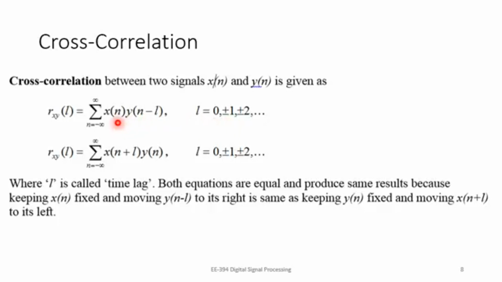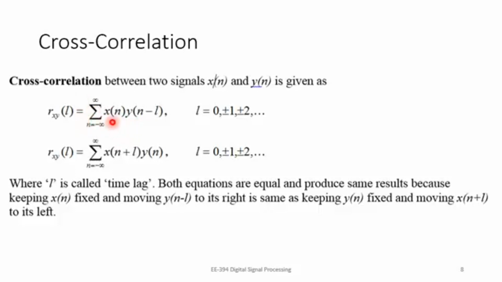So what we do, very much like in convolution, is keep the signal x[n] fixed and delay the signal y with various values of l, and then keep on multiplying these two versions of the signal and add them up.